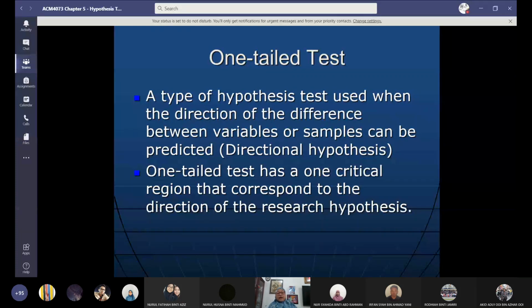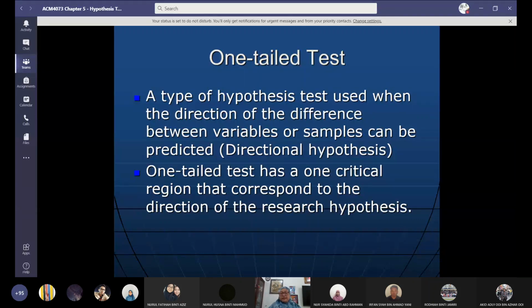Then we use a one-tail test. A one-tail test has one critical region that corresponds to the direction of the research hypothesis.